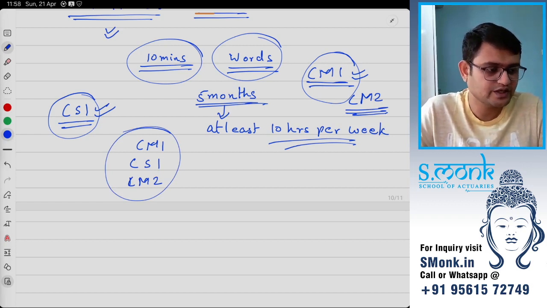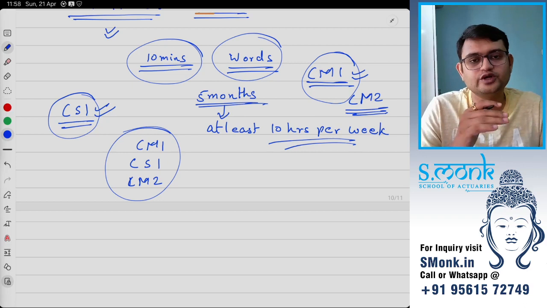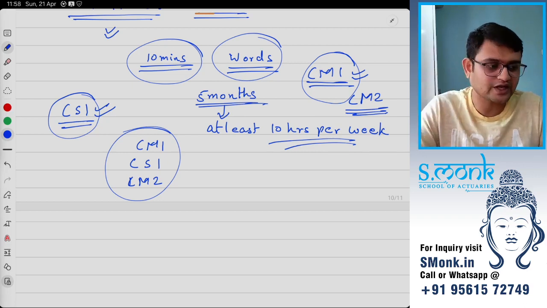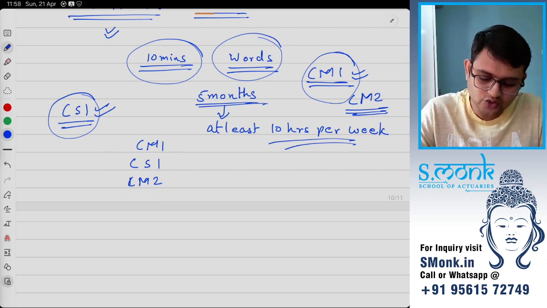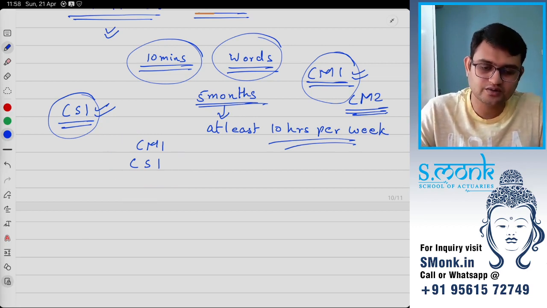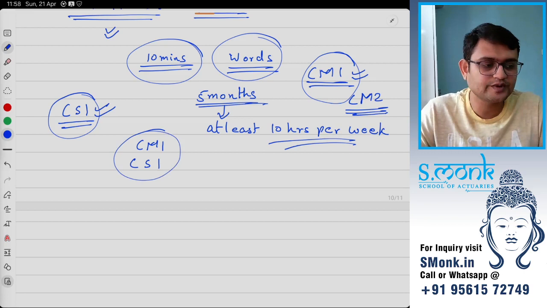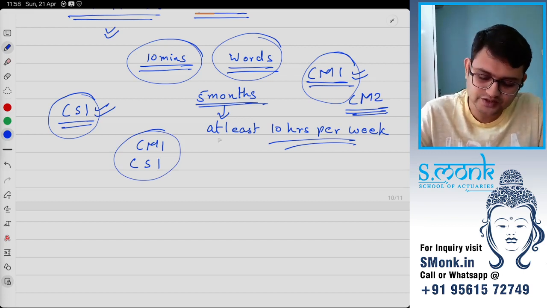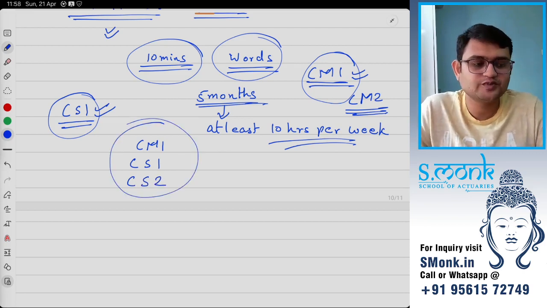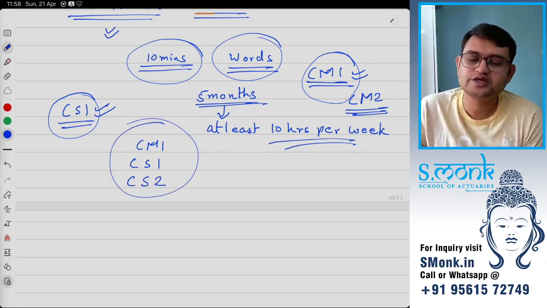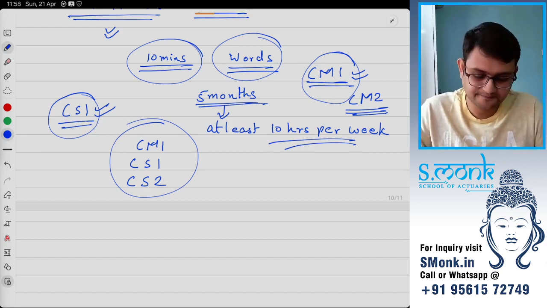For understanding the actuarial field, if you want to go into actuarial investment, then this is the path you will take. If you want to go just for life insurance, these are the two papers that are required for life insurance. If you want to go into general insurance, you will require CS2. These are the papers required for general insurance.